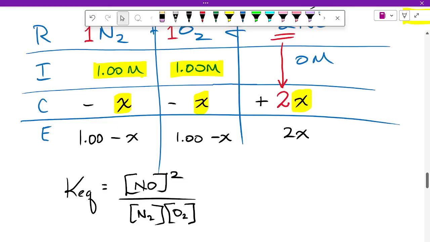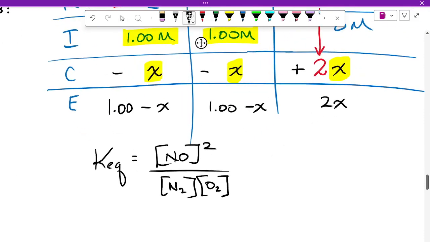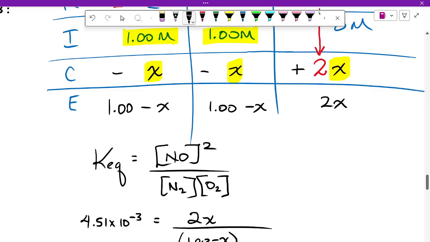And then we're just going to plug everything in. So our KEQ is 4.51 times 10 to the minus 3, and our NO is 2X, and then our N2 is 1.00 minus X, and our O2 is also 1.00 minus X.